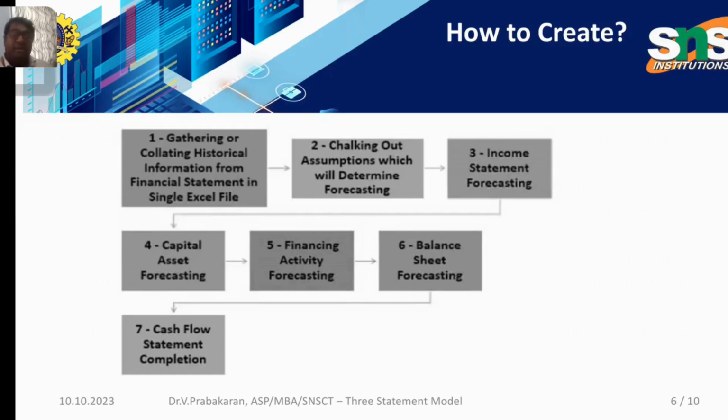Once it is done, the next step is to start assuming something. We already saw the basic assumptions behind forecasting, right? How do we do the basic forecasting? We assume the market scenario will continue as it is today.